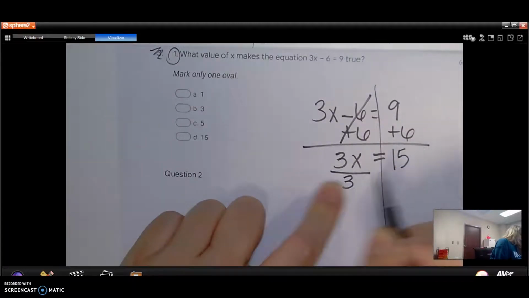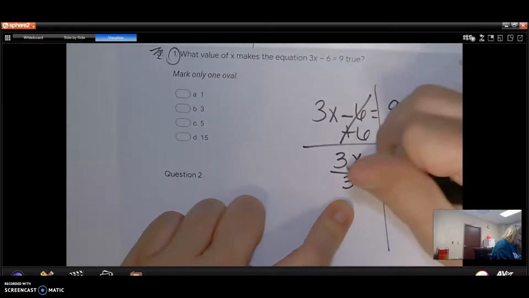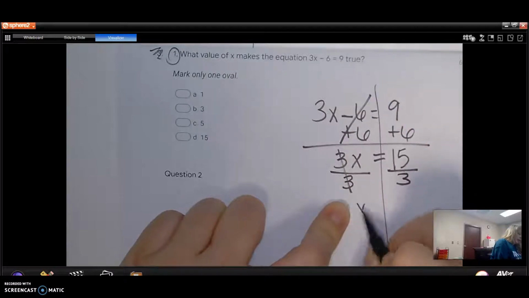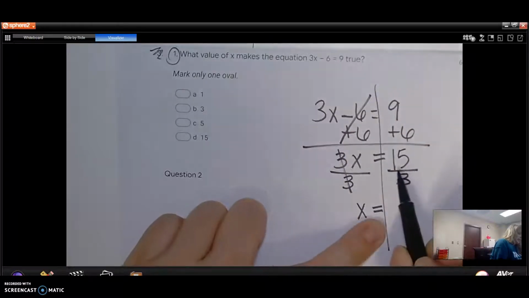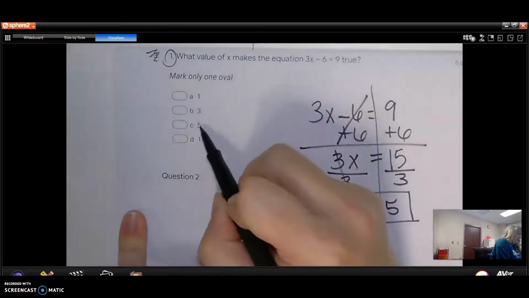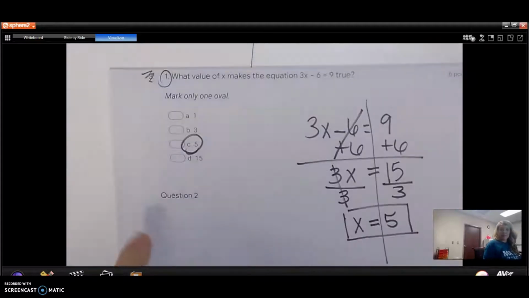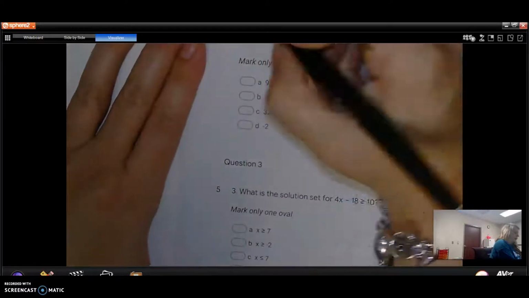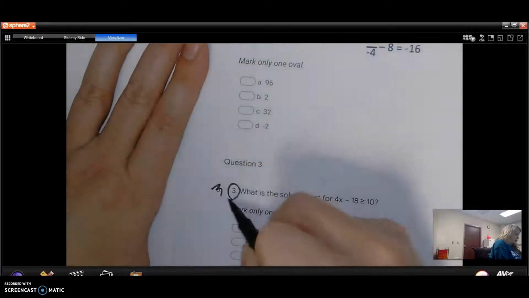So the opposite of multiplication is division. So I'm going to divide each side by 3. This will give me x by itself, and x equals 15 divided by 3, which is 5. Okay, so your answer for this one should be C. All right, again, only pay attention to this number.